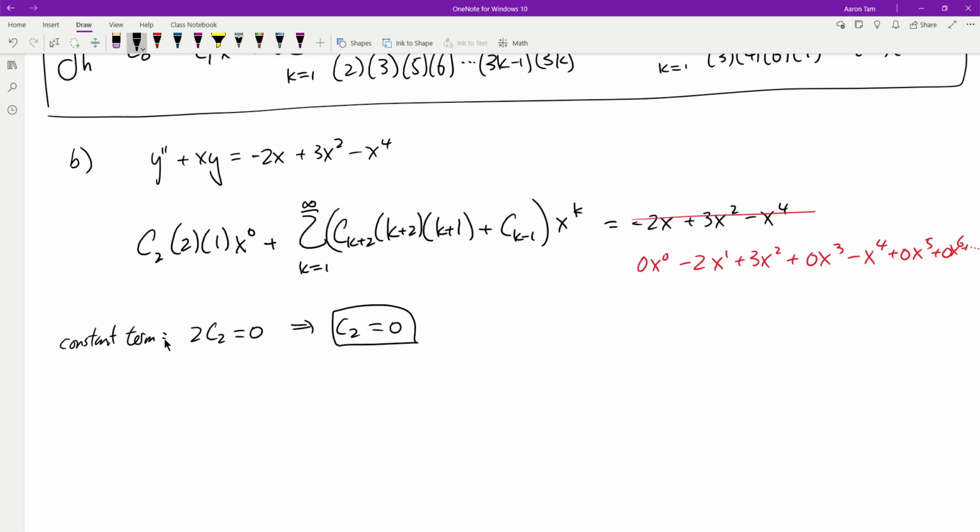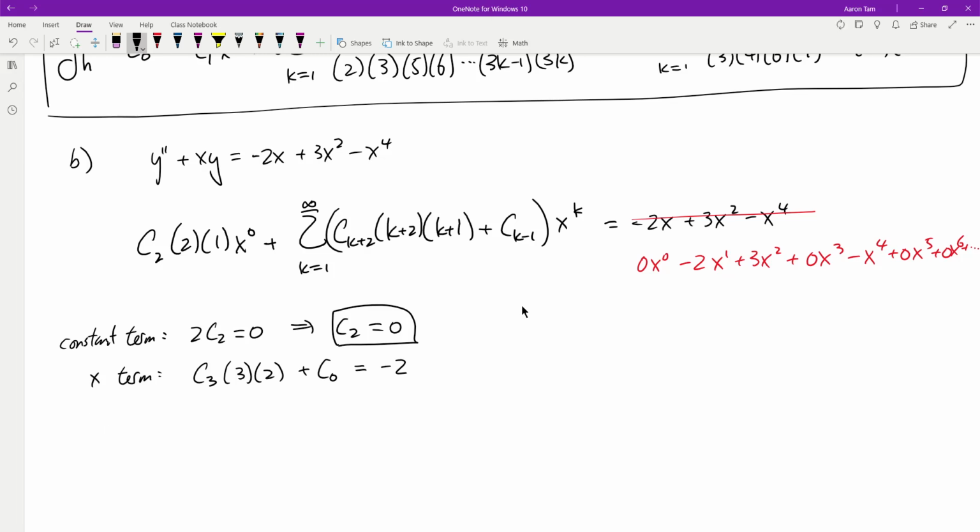Let's look at the x term. The x term would use this summation series when k equals 1, because I have x to the first. So I would have c sub 3 times 3 times 2 plus c sub 0, and that should equal the x term coefficient on the other side, which is negative 2.